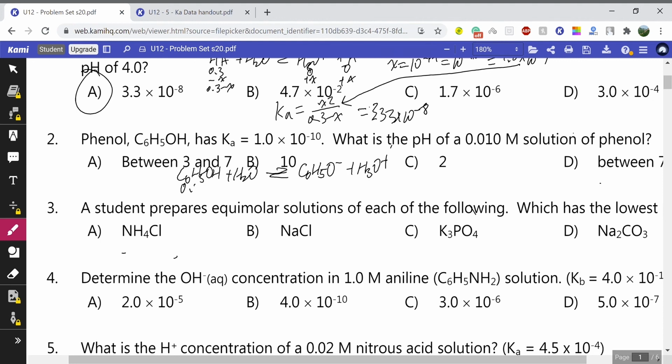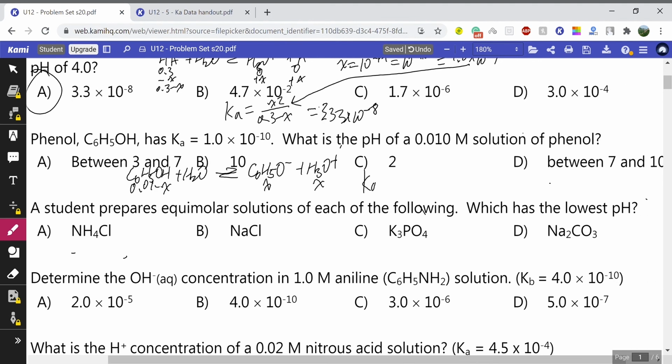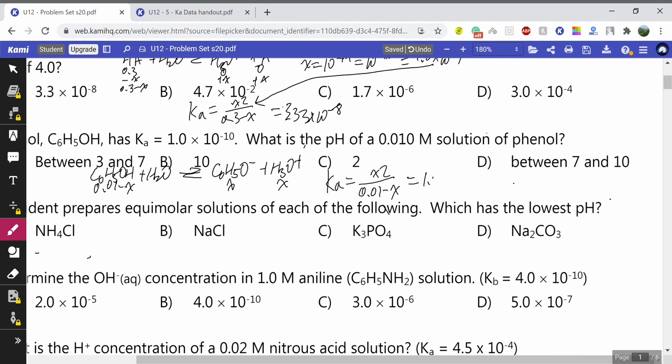It's going to be 0.01 minus x, and x over here. Now Ka will be x squared divided by 0.01 minus x, and we know Ka is equal to 1.0 times 10 to the negative 10.